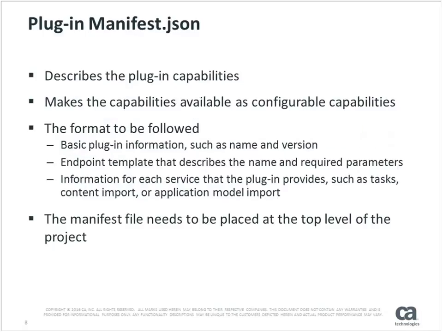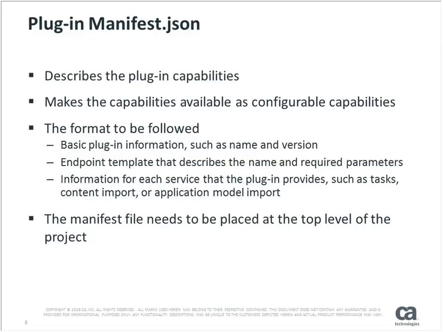So let's talk about what exactly is in the manifest.json file. As I've been saying, this is the key to this whole thing. When I started looking at this, I was trying to figure out how this is integrated. And the more I studied how the actual framework works, what it does is describe the plugin capabilities. It tells you what the plugin is capable of doing.